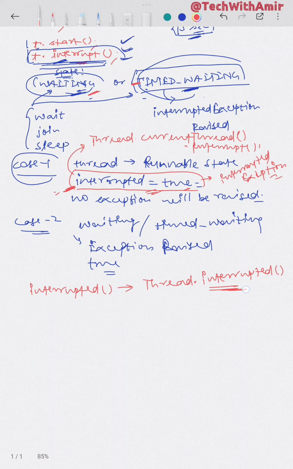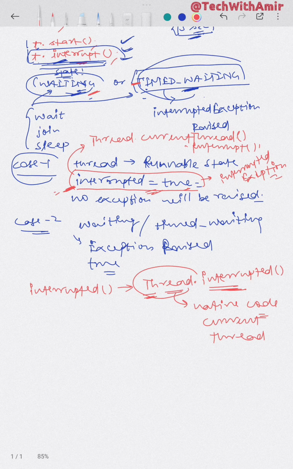Although this is a static method, the Thread API, through the native code, keeps track of the current thread, because the current thread is an instance of the thread class. In a static way we won't be able to track the instance of the thread, so through the native code, this method is able to track the current thread and check the status of the interrupted variable, the interrupted status.